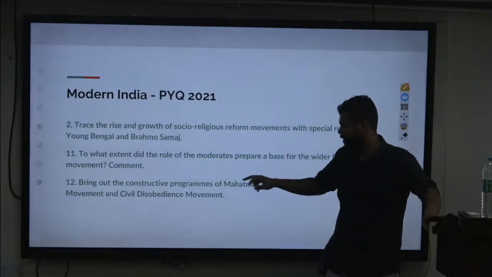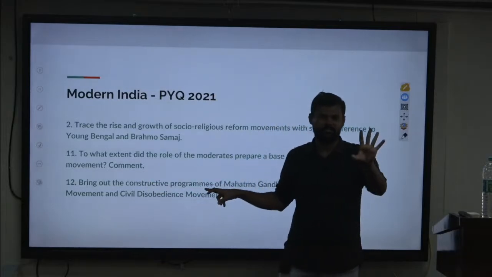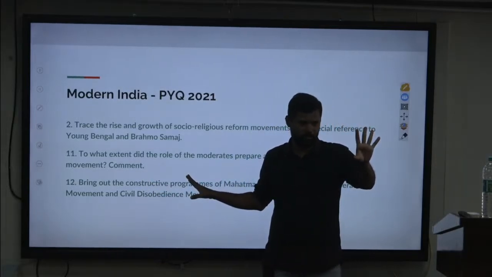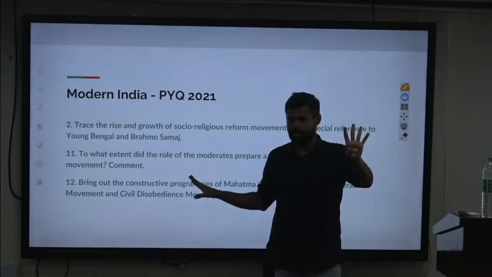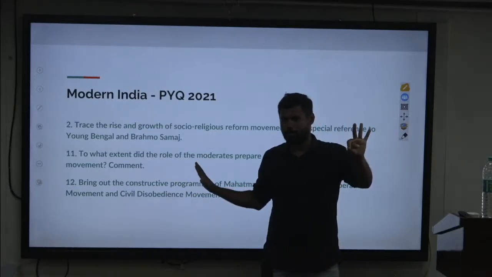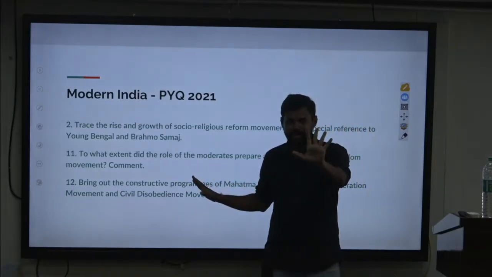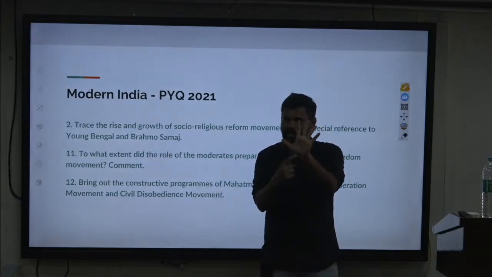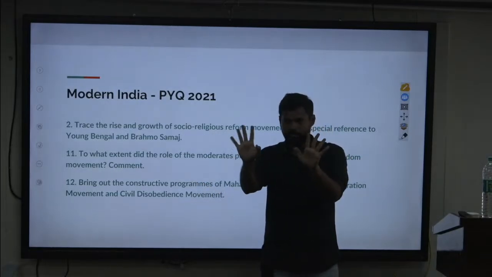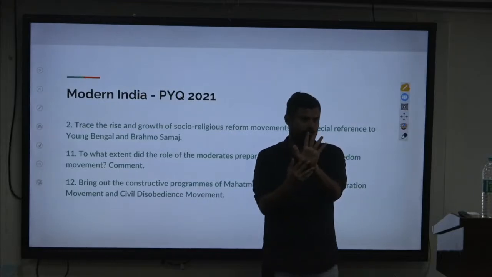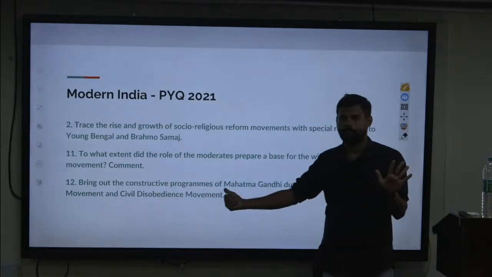So the point is, obviously there are only 5 points in the constructive program, yes or no? The Hindu-Muslim unity, the promotion of Khadi, and so on. Just writing those 5 points and elaborating Khadi and Hindu-Muslim unity will not give you marks. Everyone will write those 5 points. In those 5 points, how will you attach time?